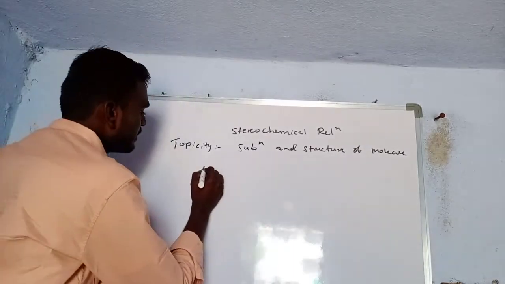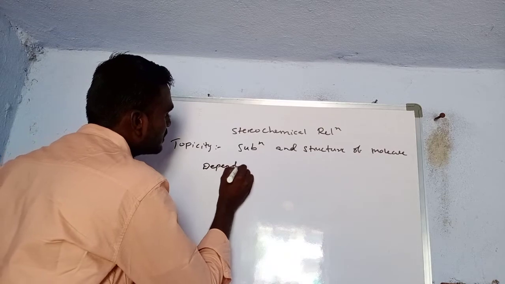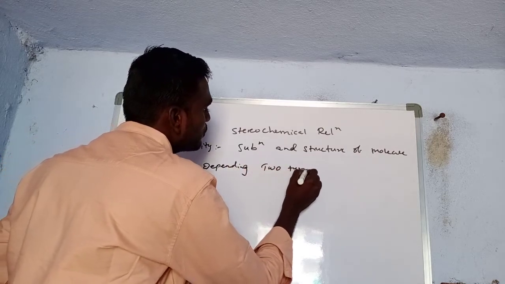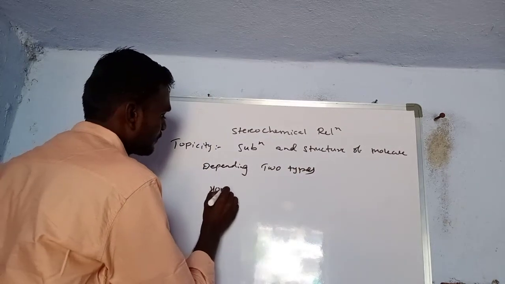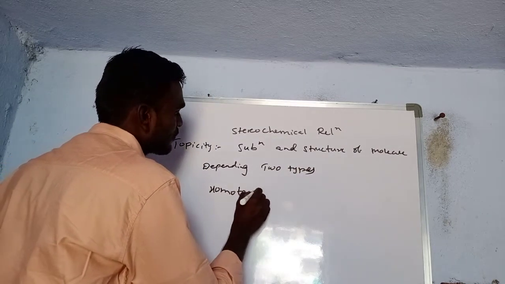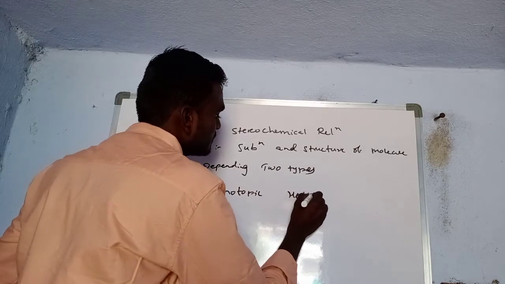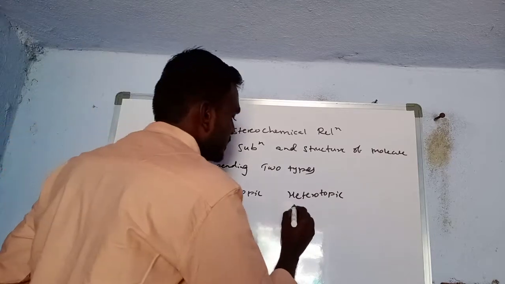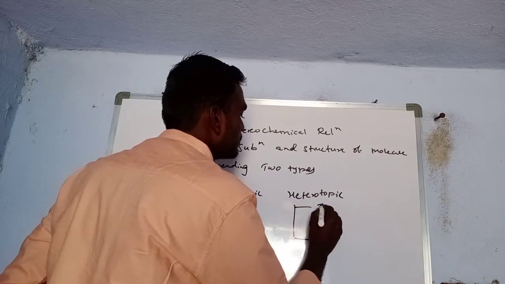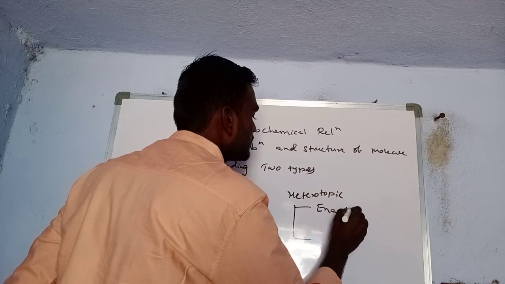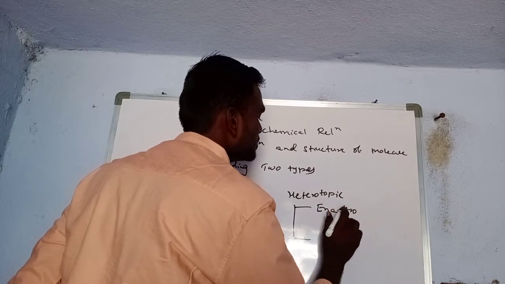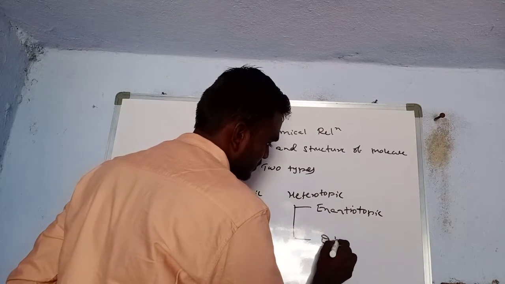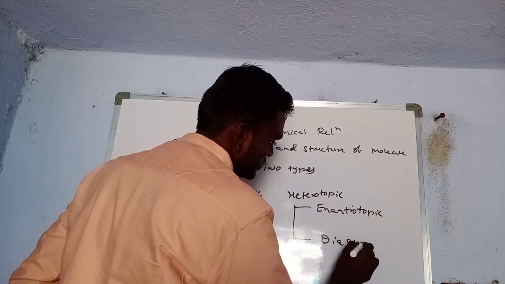Depending on this relationship, there are two types, that is homotopic and heterotopic. And heterotopic means there is enantiotopic and diastereotopic.